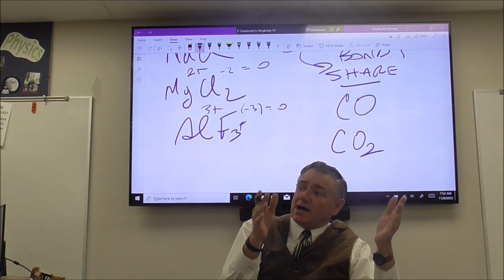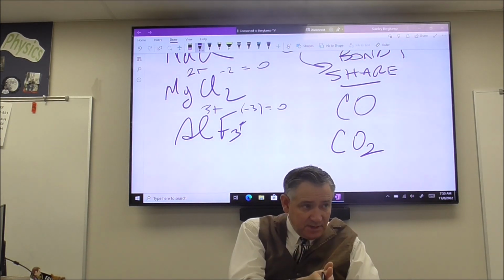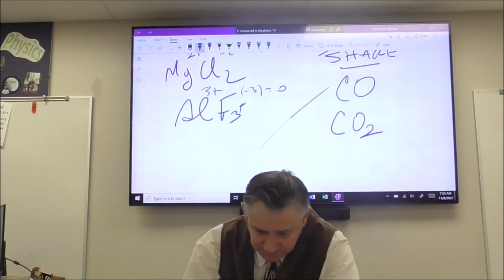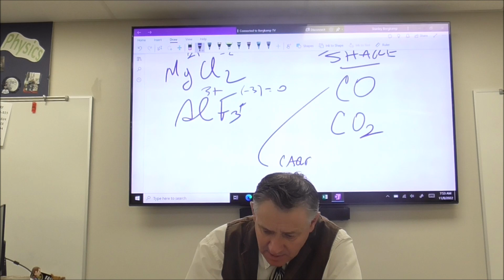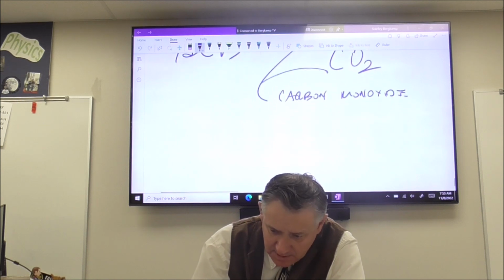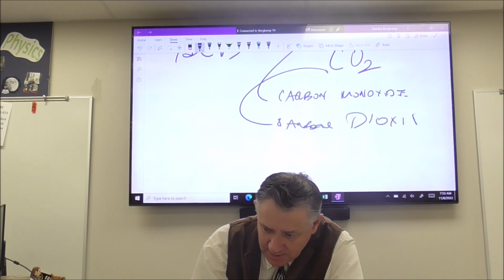So this is why you have to use those prefixes, okay? So mono means one, right? So this is going to be carbon monoxide. And this is going to be carbon dioxide, okay?